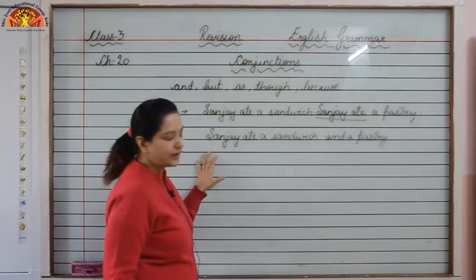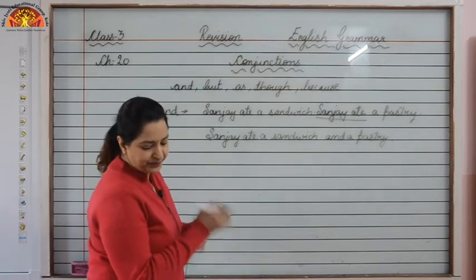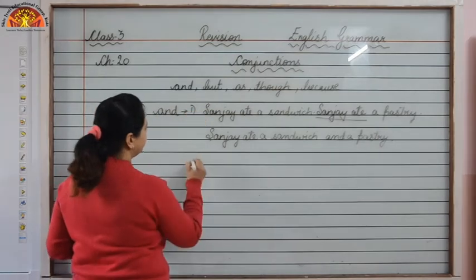Now I am giving you one more example from your book. Ahmed bought a bat. Ahmed bought a ball.